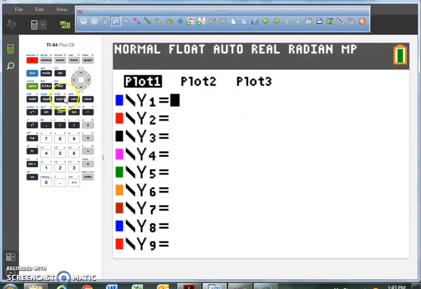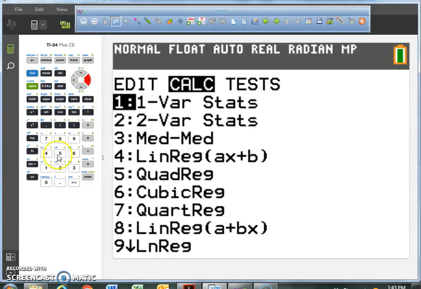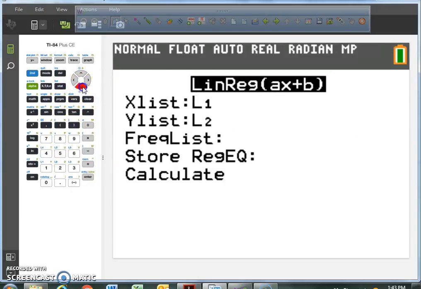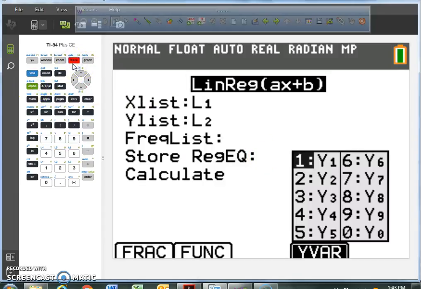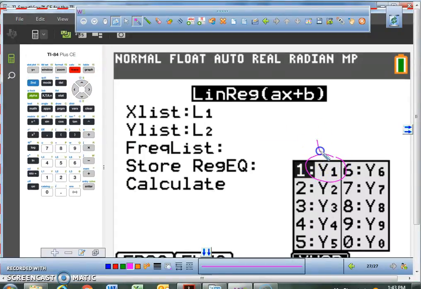So watch this. Go back to stat. Go to right, go down to number 4 again, except right here where it says store regression equation, most important thing you're going to need to write down. Hit alpha trace. Look what happens. To get to that y1 value that you want to put right here, what's the keystrokes?